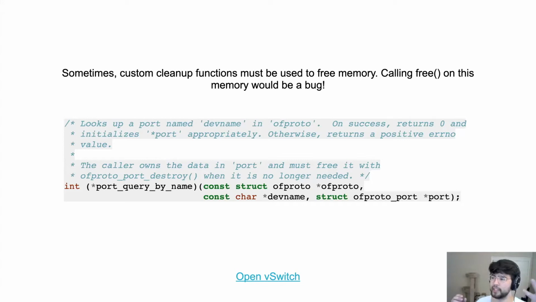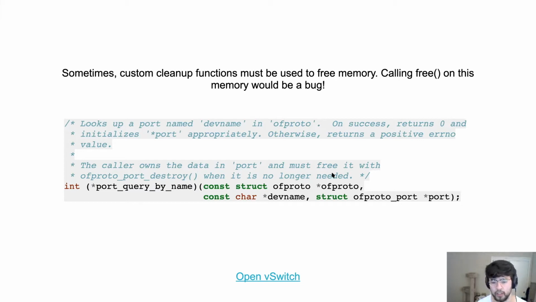And if you just call free on the first struct, free doesn't realize that there are pointers to other structs that also need to be freed. And so you have a custom cleanup function that knows that, okay, before I free this, I have to go in, look at the pointer, free the thing that it points to. But before I free that, I have to go in and free the thing that that points to. There might be a chain of pointers, and we have to make sure that everything gets cleaned up.